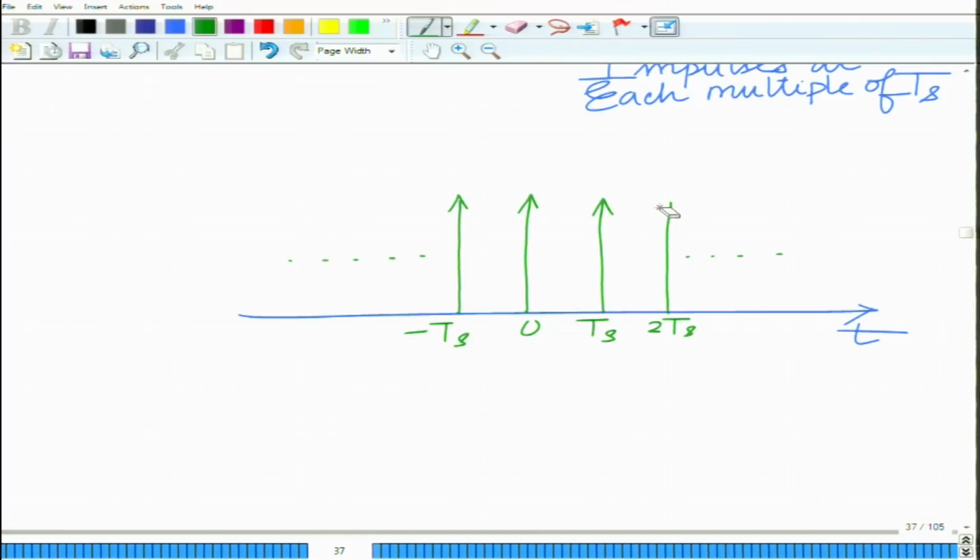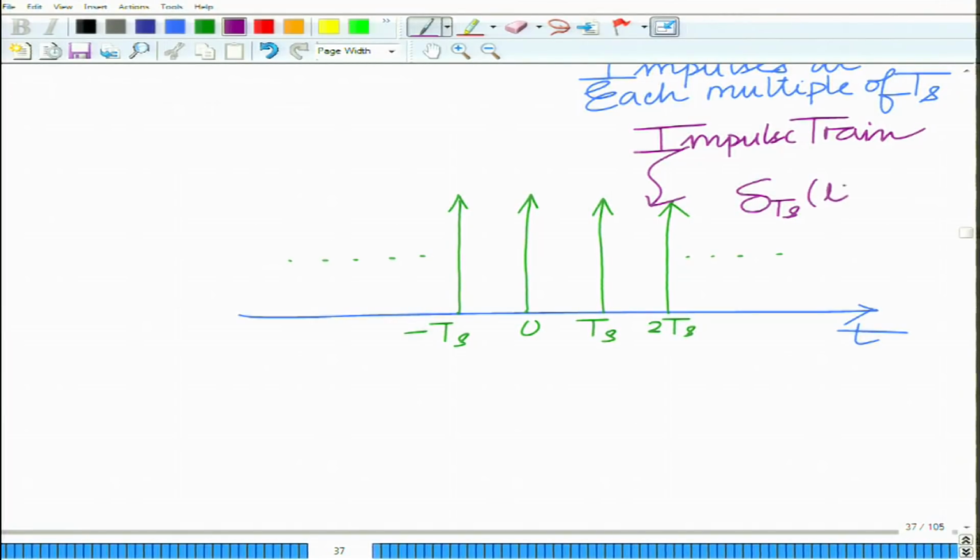So, this is your impulse train or train of impulses, that is impulses spaced at equal intervals on the time axis at multiples of Ts, where Ts is the sampling interval. And this is your delta Ts of t.